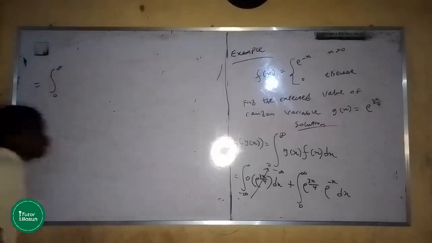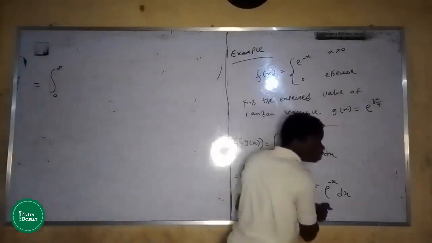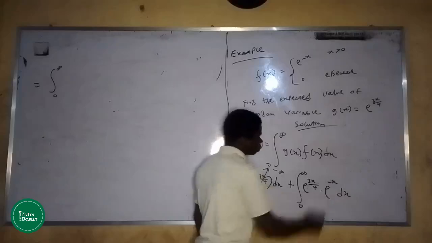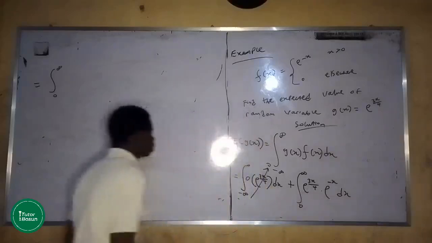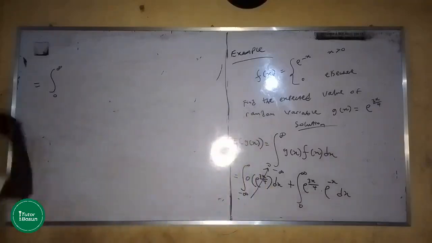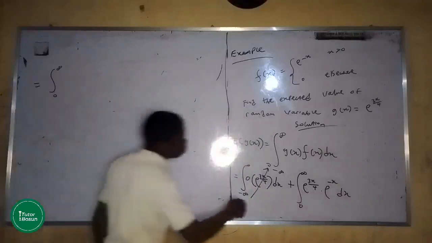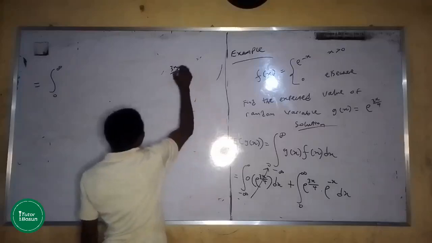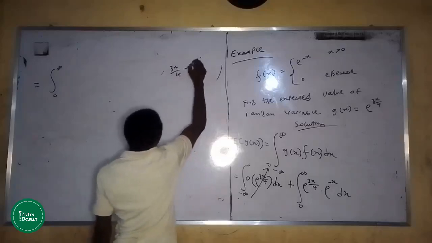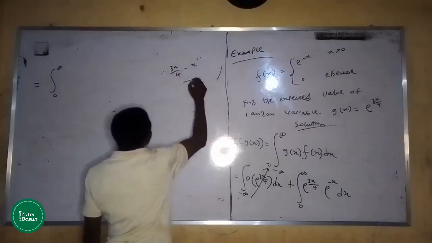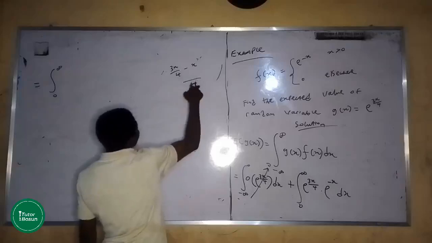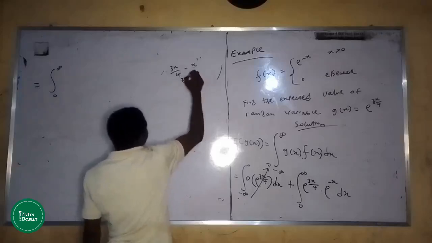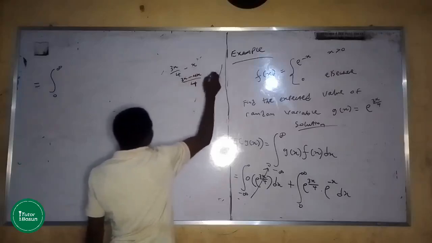In simplifying exponential, you can apply your indices. Exponential is common, so you can add up the exponents. Adding 3x over 4 and minus x, 3x over 4 minus x, you have 4 as your LCM. 4 and 4, 1, here you have 3x. 1 and 4 times this, you have minus 4x.